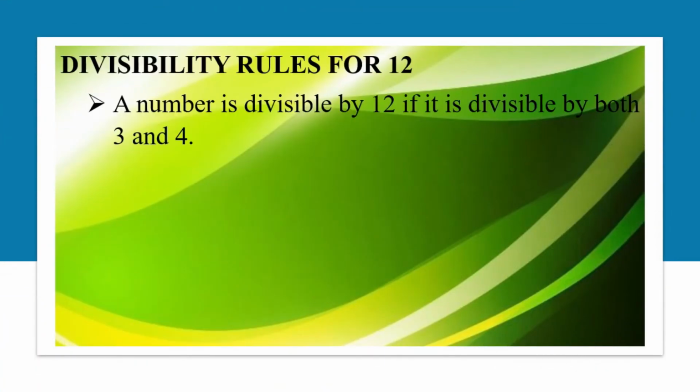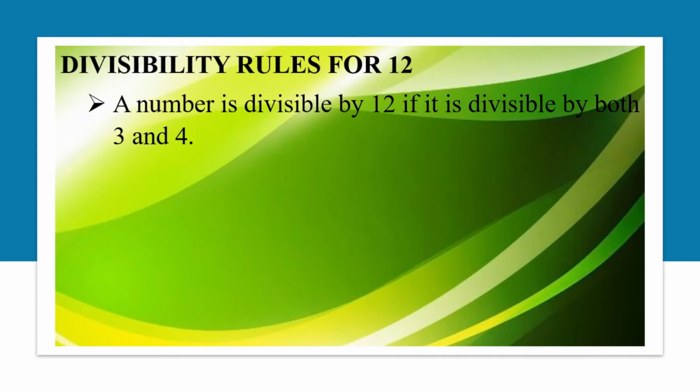Okay, we will continue our topic about the divisibility rule for 12. So, let us read the definition. A number is divisible by 12 if it is divisible by both 3 and 4. Take note, if it is divisible by both 3 and 4. Meron ba kayong nakikita na kapareho ng divisibility rule for 12? Very good.